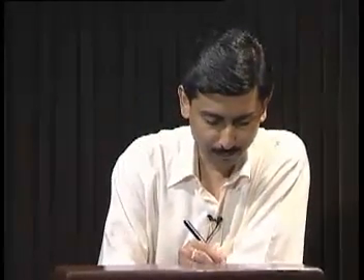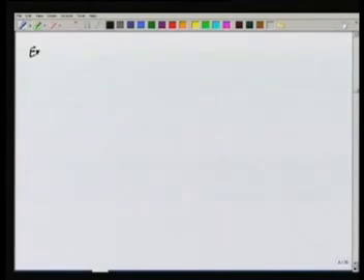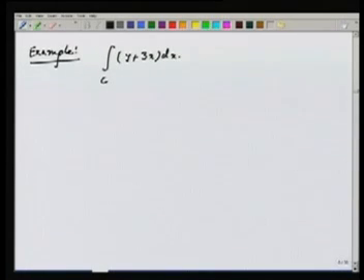Now let us see some examples and applications of Green's theorem. Let us look at the first one. Let us look at this line integral over C of (y + 3x) dx + (2y - x) dy. What is the curve C?